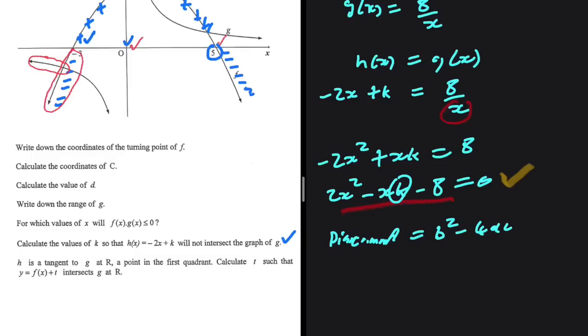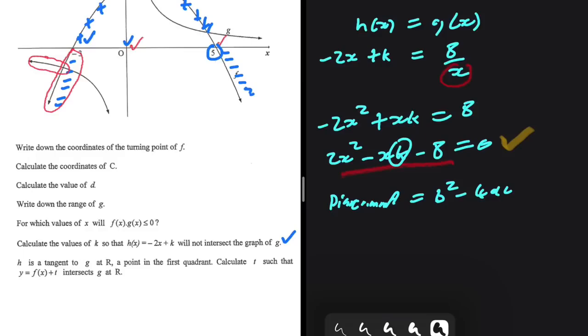So we are interested in the values of k for which this quadratic equation is not going to have any real solutions. And in doing that, we have essentially solved our problem. We have the values of k for which the two functions h of x and g of x will not intersect. Right, that is a lot to digest. So maybe you need to rewind a bit and listen to it again.